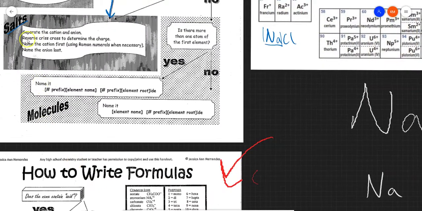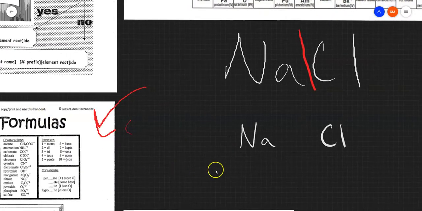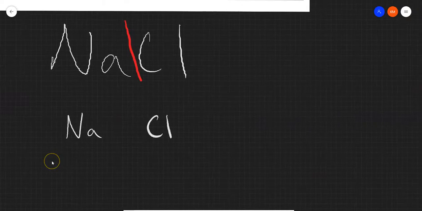These are the steps that we go through: step 1, step 2, step 3, step 4. The next one is reverse crisscross. Here it doesn't really matter, but we'll do examples where it does. Because of these elements, technically we can say there's one atom of each.